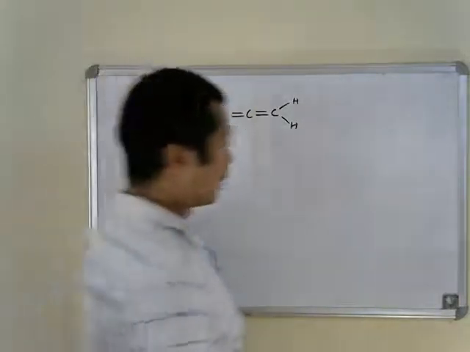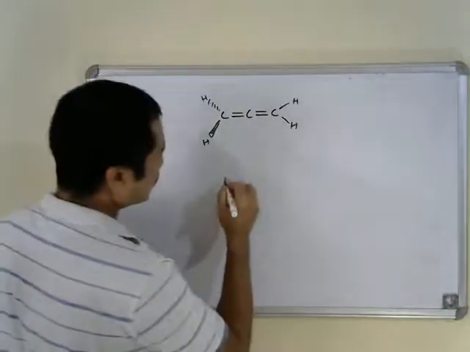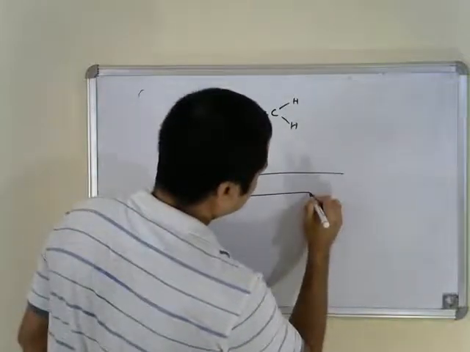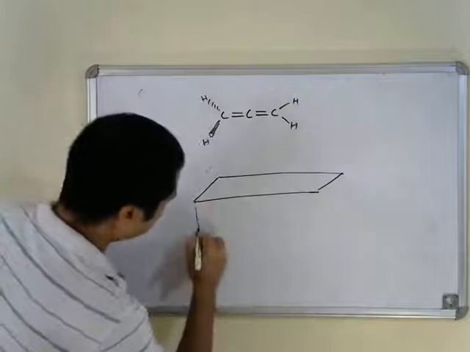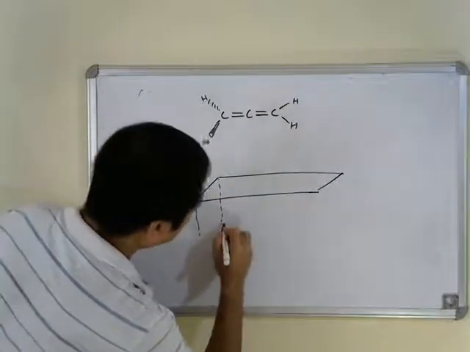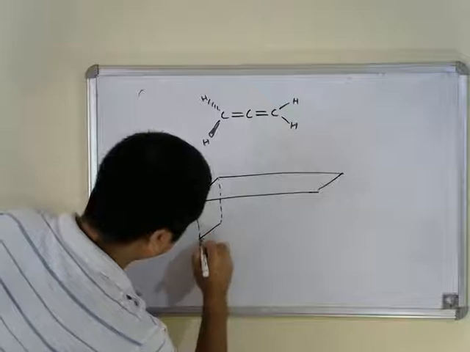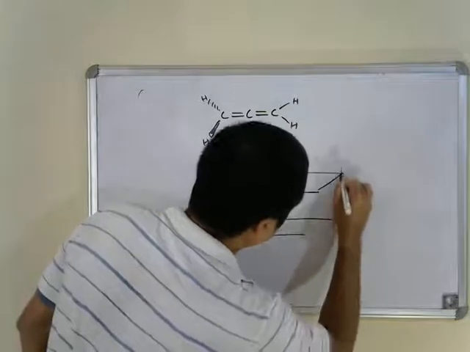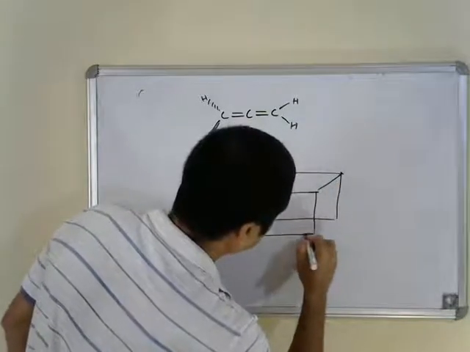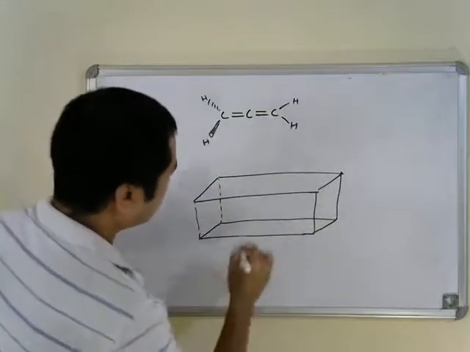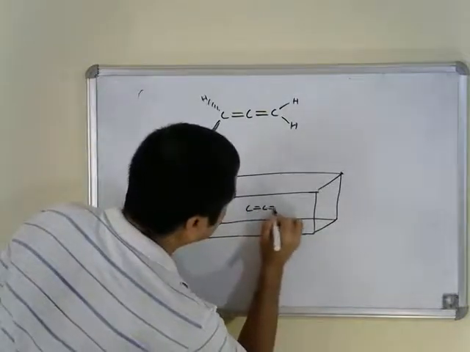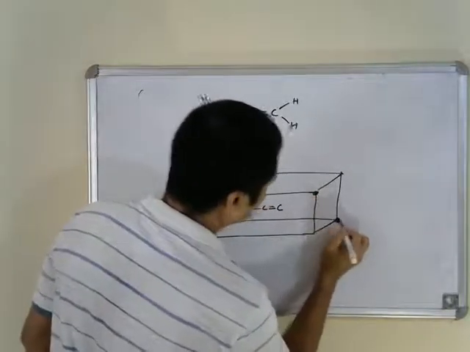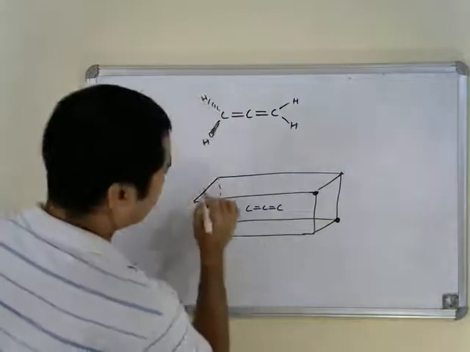To find out the point group of this molecule, we have to place it inside a box again, this way, and one needs to put the hydrogen atoms in the alternate corners of this box. So the C bond is in the middle of the box, while the hydrogen atoms we can place in the alternate corners of this box.